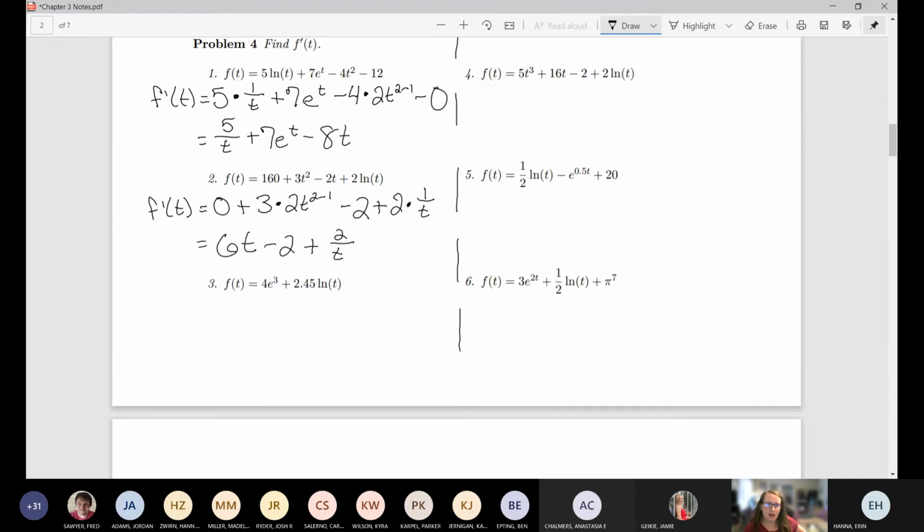So Brianna, you asked me why in the one before this I separated with a multiplication dot the 4 and the 2, but not the 7 and the e. I could have totally put a multiplication dot there. Maybe if I was being consistent with the 7 comes along for the ride and then the derivative of e to the t is e to the t, I should have put that multiplication dot there.